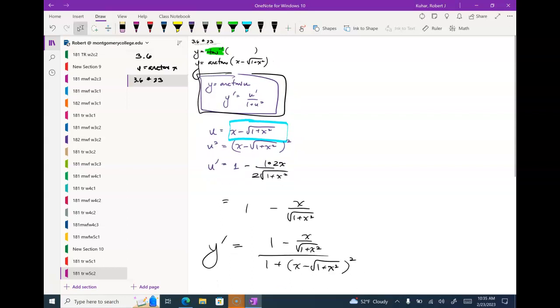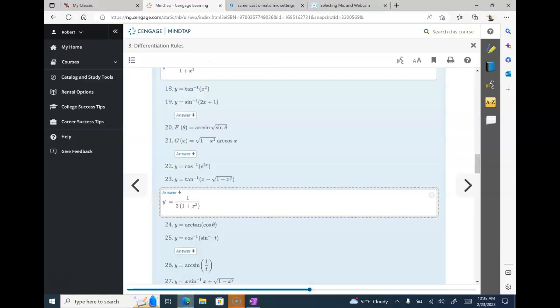It looks like I have no choice. I'm going to have to FOIL that out. You see what I'm saying? Look at the answer again. We've done everything right so far, and this is going to happen several times in chapter 3, and sometimes in chapter 4. You're going to have the answer right, but it's going to look different in the book.